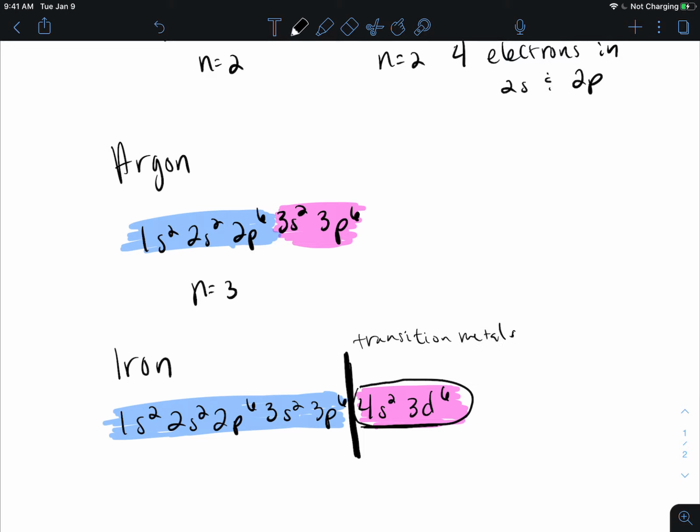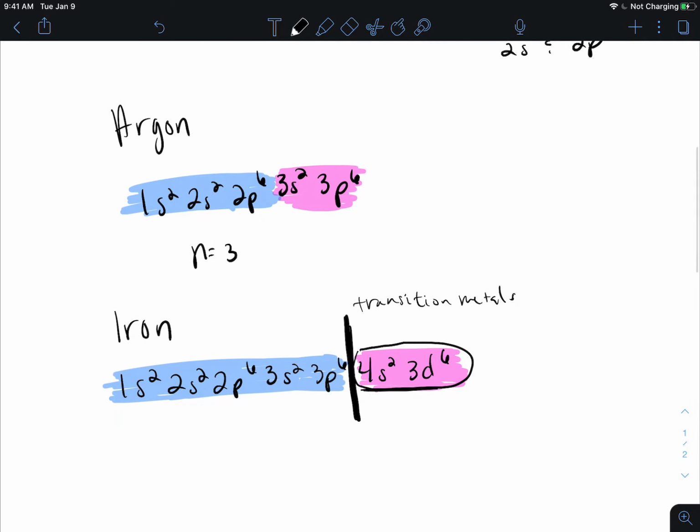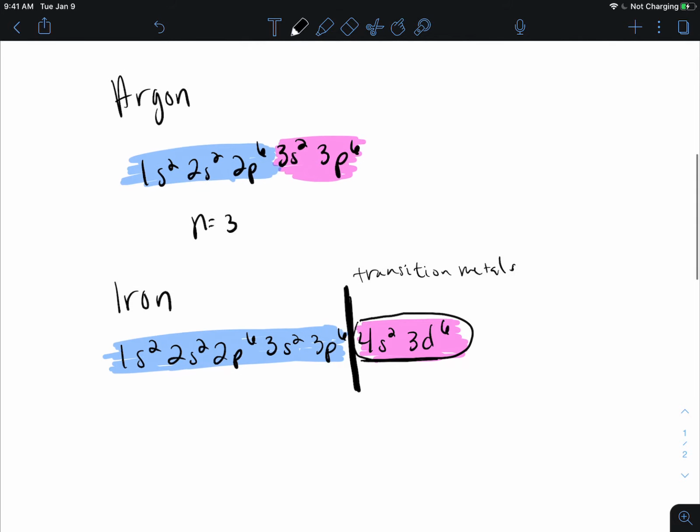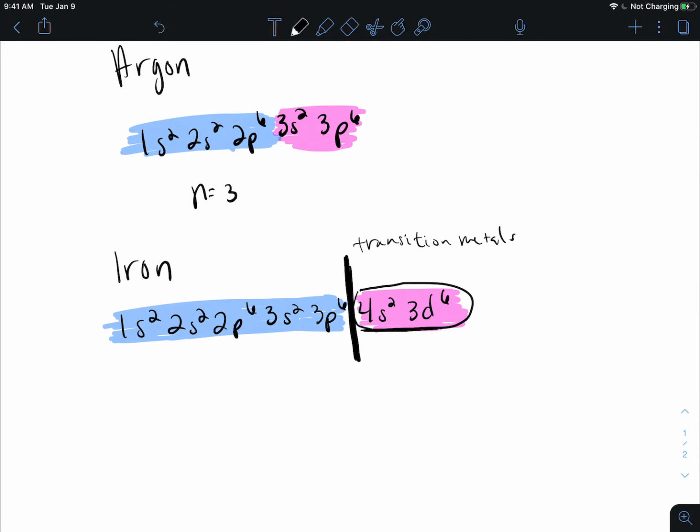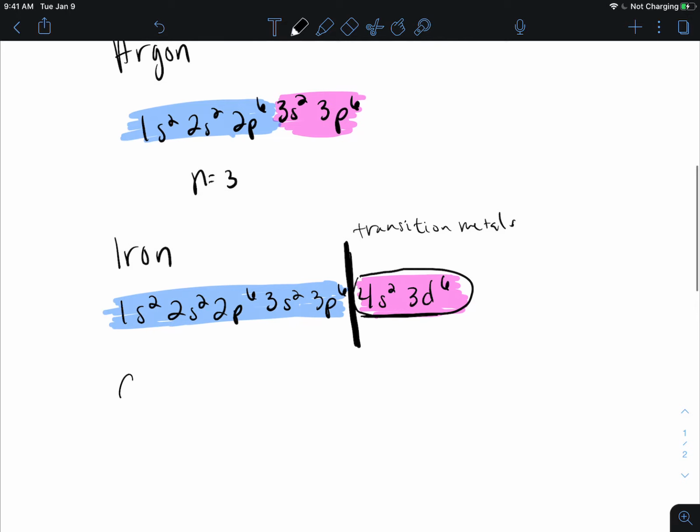Now, again, if we have something that's a little different, let's take gallium. Gallium is again a little weird. Or it's, I guess, back to normal is what we'd say.